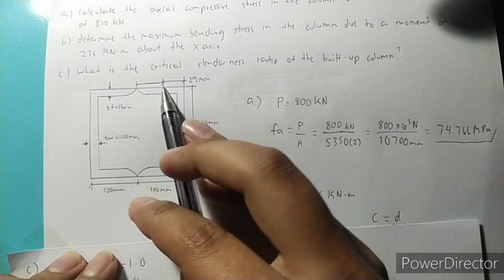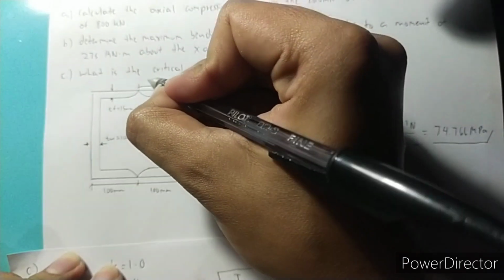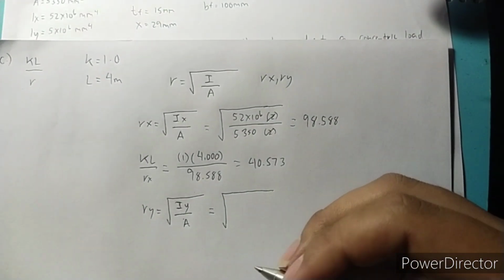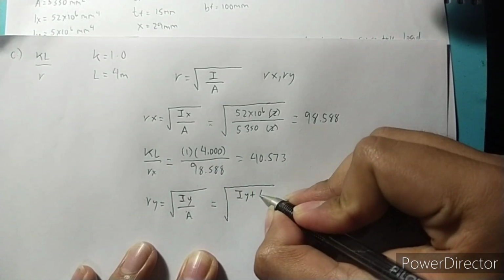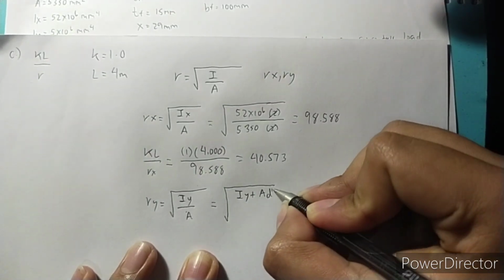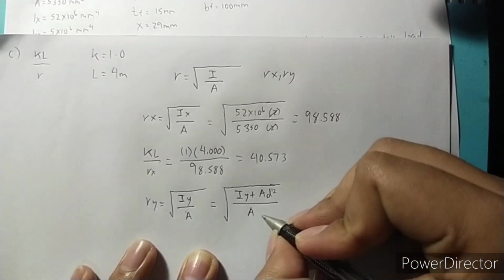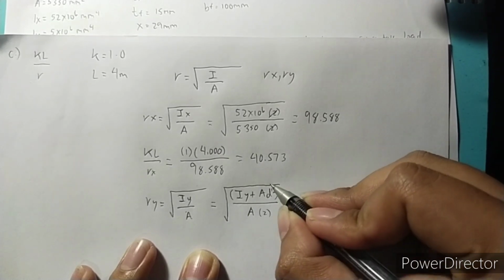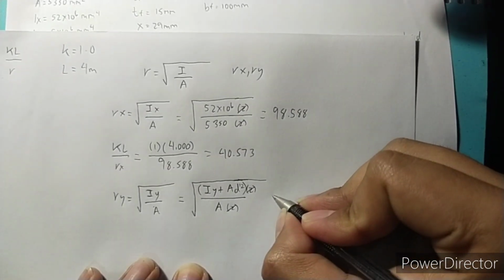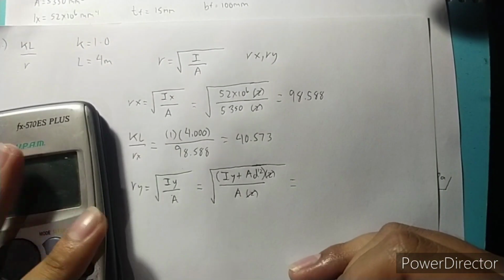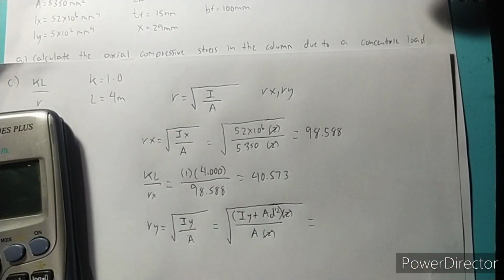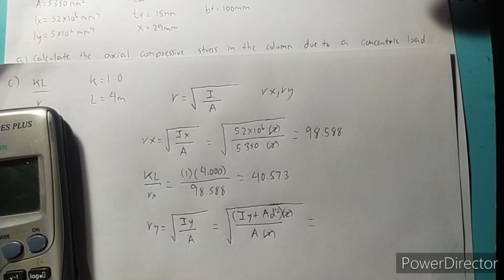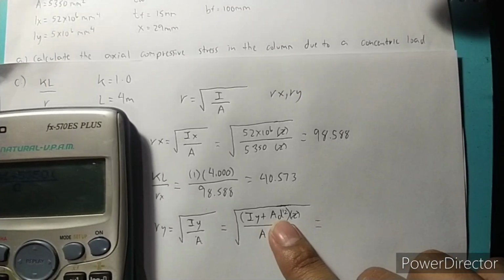Yung distance from the axis here. Multiply by 2. So, plus the area.